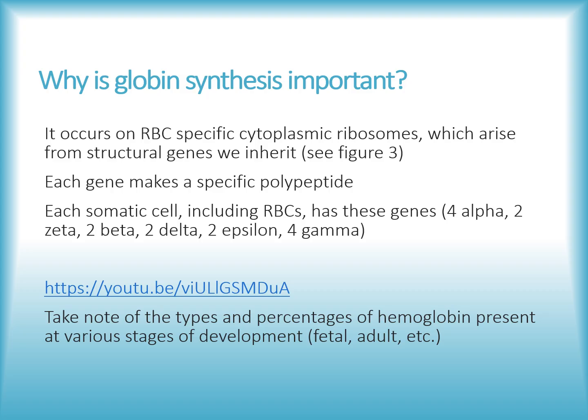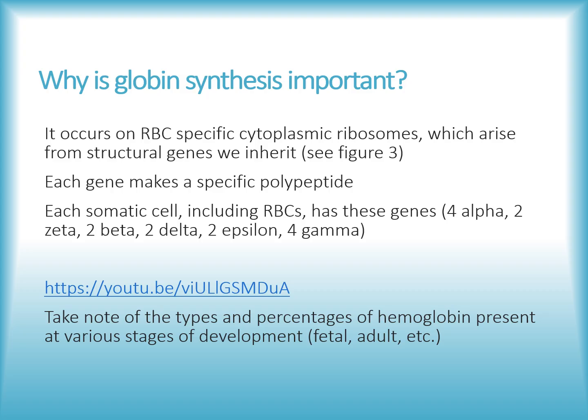variety of different combinations of these globin chains throughout development from embryonic through adulthood, and we're going to talk about the types and percentages of hemoglobin present at various stages of development in the next slide. And you will want to pay close attention because these are often the things that are going to be on exams or maybe even board exams.